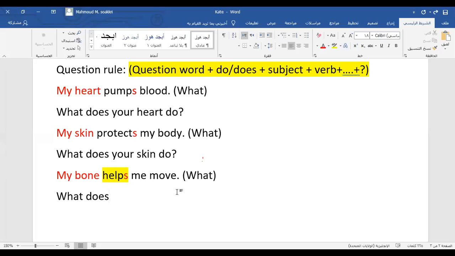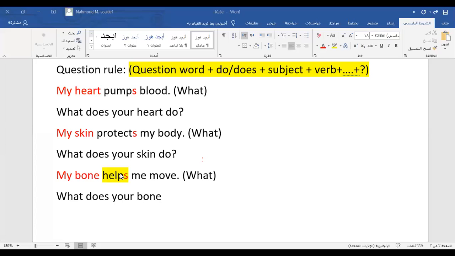Excellent, your bone. So now, Omar Izzat, can I write my bone or should I write your bone? Your bone. Excellent. So after the subject comes the verb, right? Yes. Excellent. After the subject comes the verb.